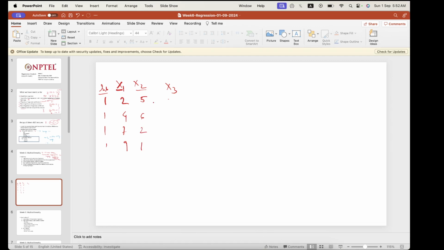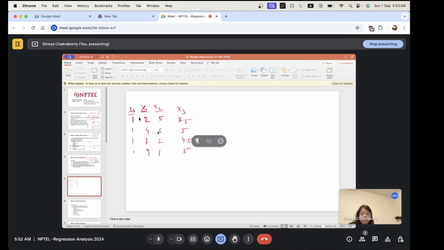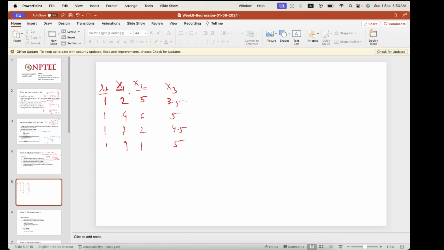And here we have 3.5 5 4.5 5. If we look carefully, we can see that x3 is actually (x1 plus x2) by 2. So there is a perfect linear relationship between x1, x2 and x3.